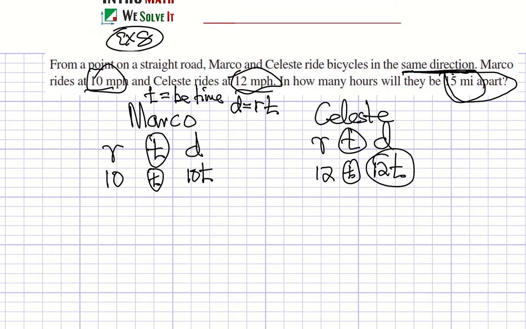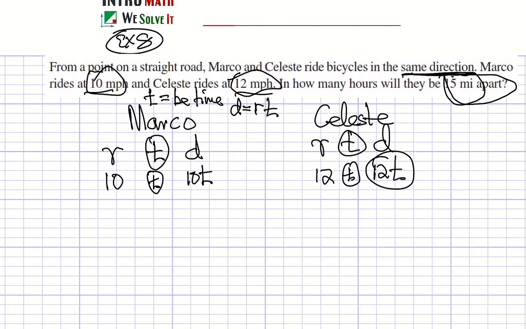So what you're looking for is 12t for Celeste minus 10t. Don't forget, this is the distance they travel, because Celeste will travel more distance than Marco. He's gonna be covering more distance than this guy here.